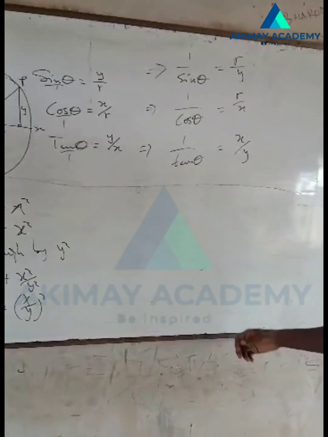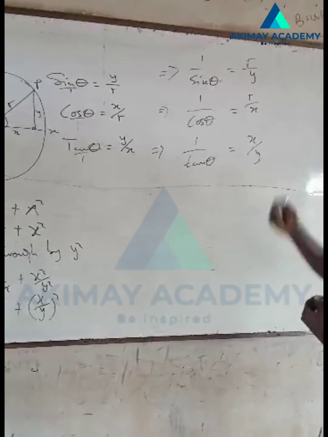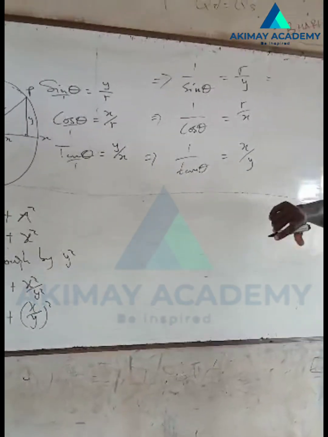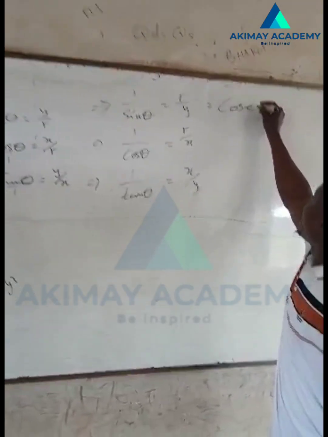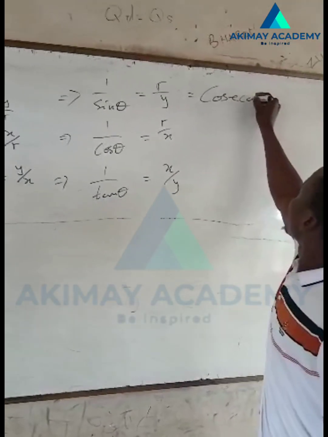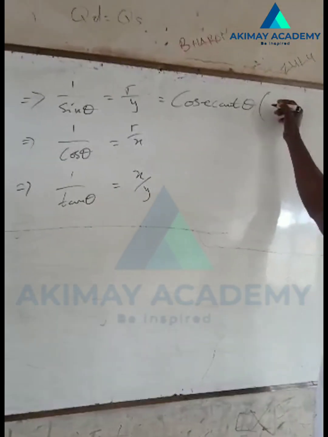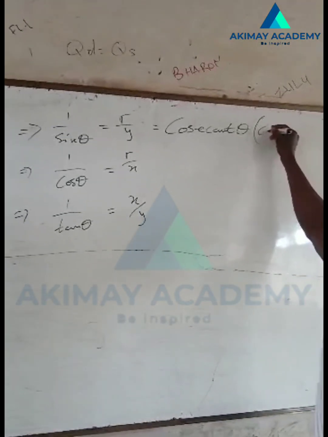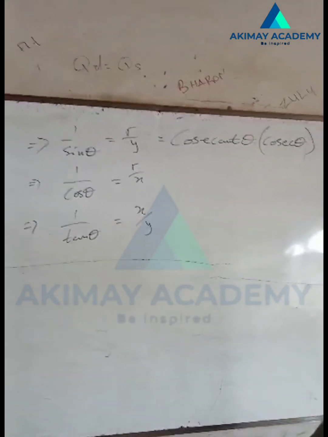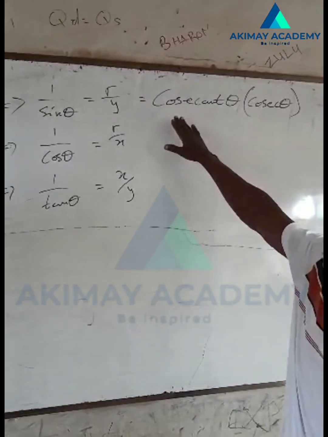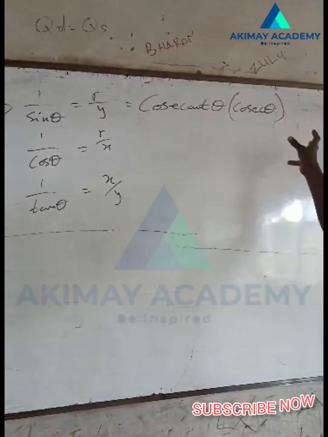Okay. Now, in trig, these items here have special names for them. So 1 out of sine theta is known as cosecant theta, okay? Mostly we shorten it as cosec theta, right? So 1 out of sine theta is going to give us cosecant theta. And in short, we call it cosec theta.